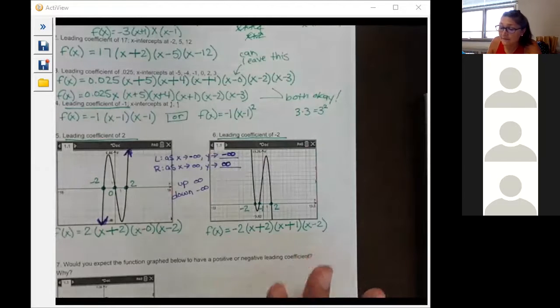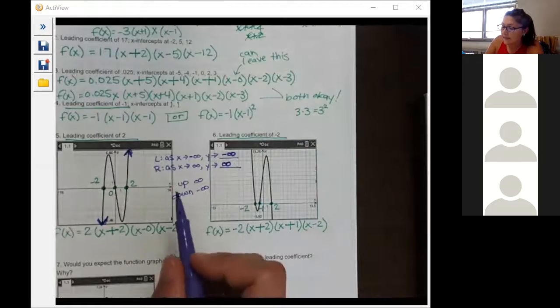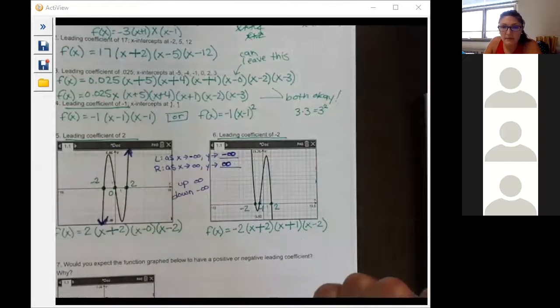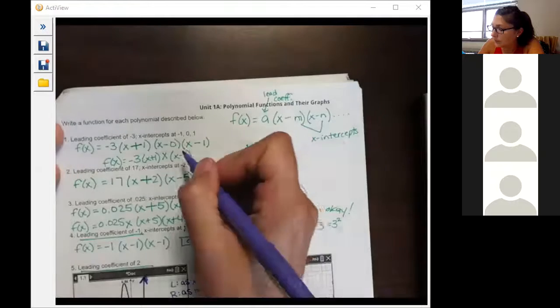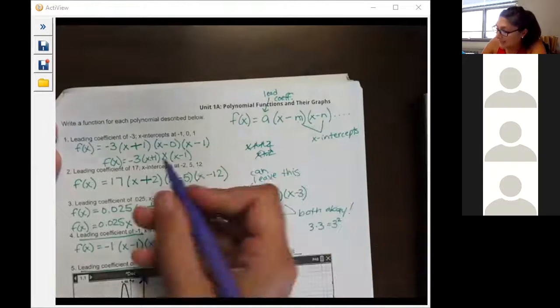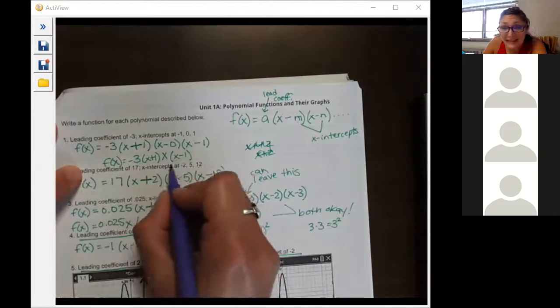If I have the function, we can figure this out as well, because this general shape of the graph I can decide based on the degree of a function and its leading coefficient. So if we hop back up here to number 1, this is not standard form.